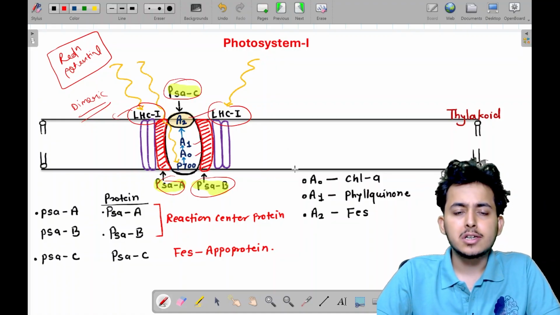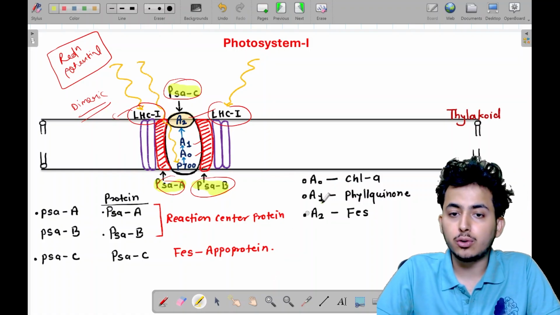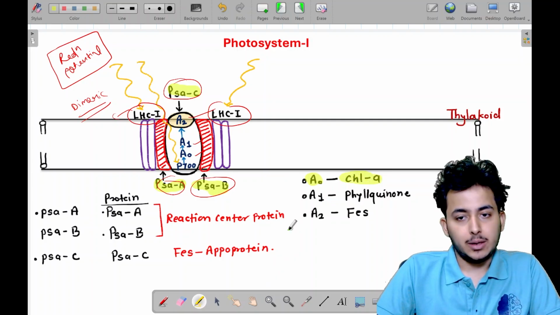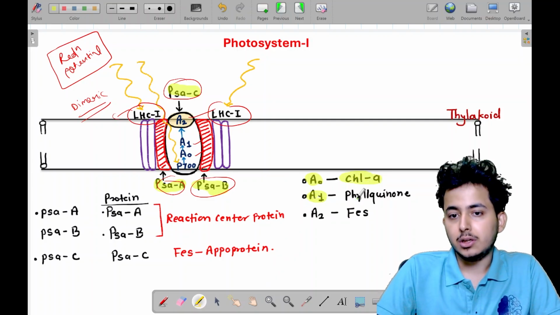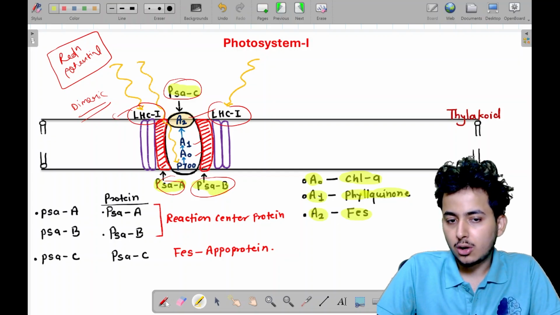What is A0, what is A1, what is A2? Very important question, guys, from the examination point of view. So basically A0 is referred to as chlorophyll A. A1 is nothing but phylloquinone, and A2 is an iron sulfur protein cluster.